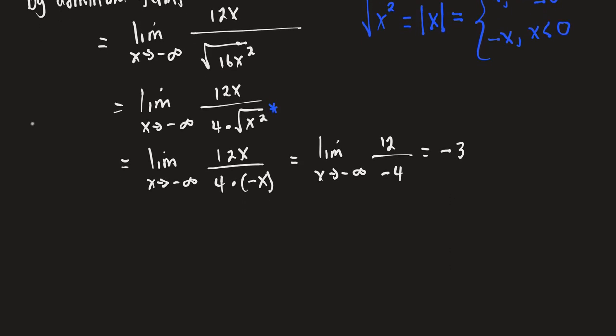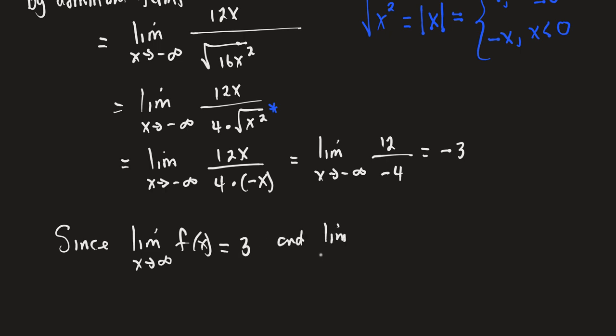So let's just write a sentence summarizing everything that we've done. So since the limit as x approaches infinity of our original function is 3, and the limit as x approaches negative infinity of the original function is negative 3, this function has two horizontal asymptotes, one at y equals 3 and the other at y equals negative 3.